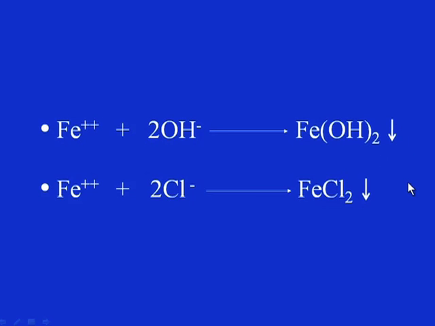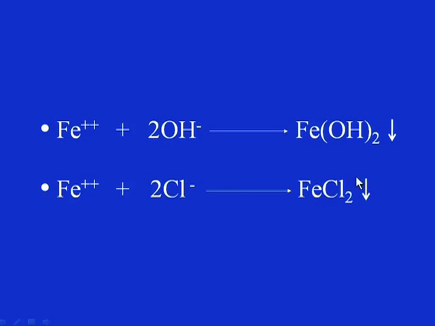Similarly, chlorine ions that are present in the sodium chloride solution as part of the dissociation of sodium chloride will form ferric chloride with iron ions which are positively charged.